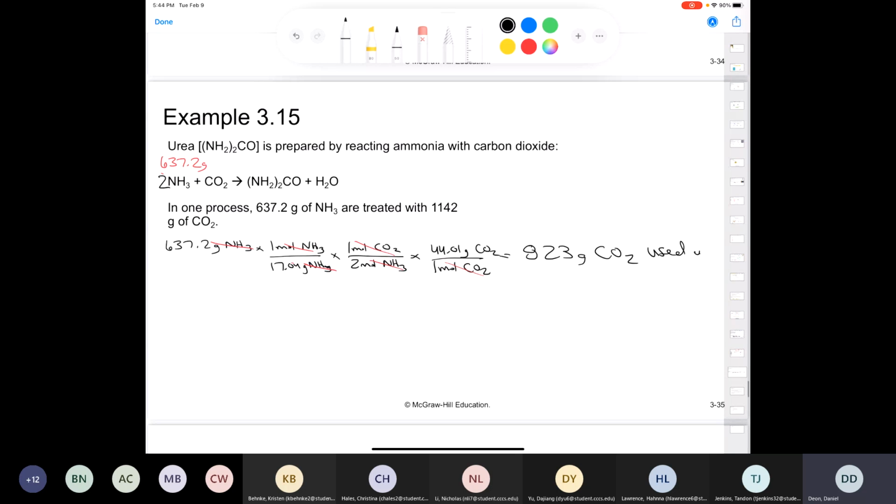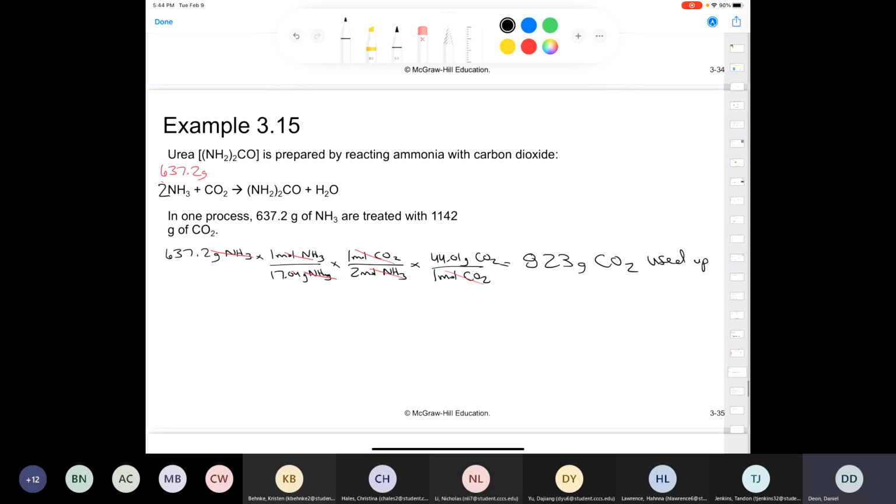This is what gets used up. But how much did we start with? So the mass of CO2 remaining is going to equal what we started with, 1,142 grams.